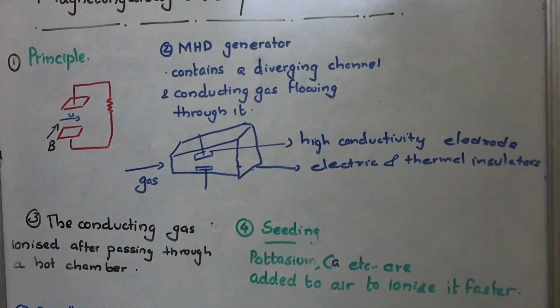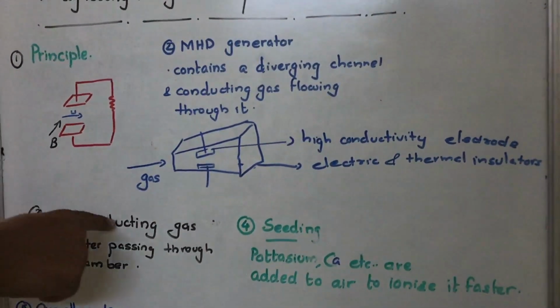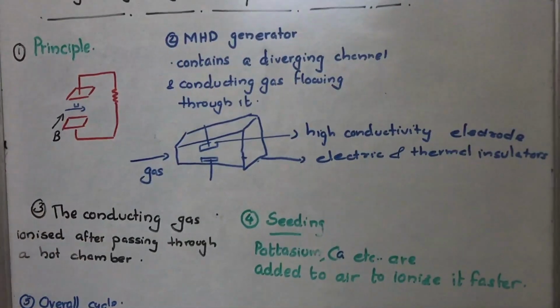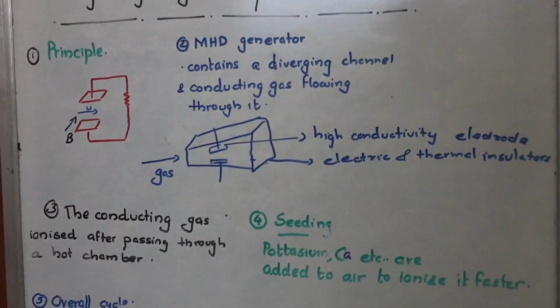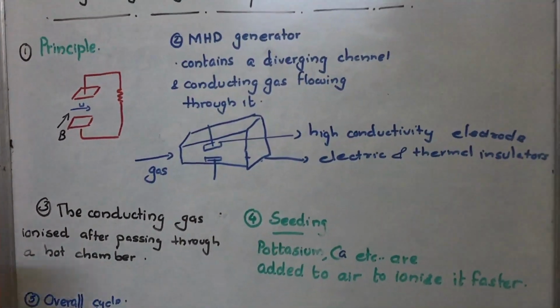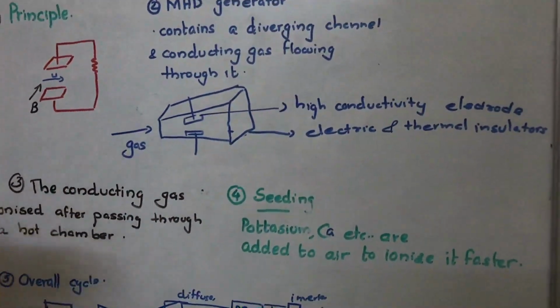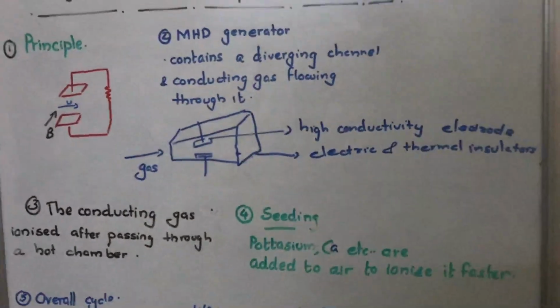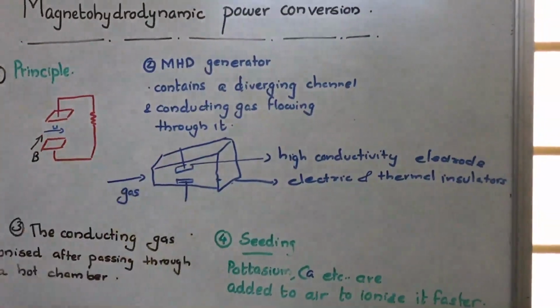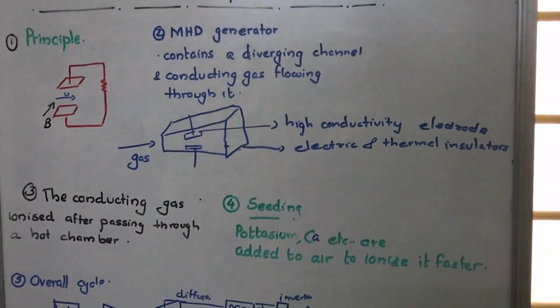So first, the gas should be ionized. For ionizing the gas we pass it through a hot chamber, and to make ionization easy we introduce material like potassium and calcium, and that process is called seeding. Seeding means introducing calcium and potassium.